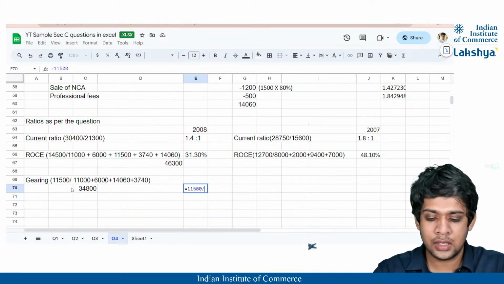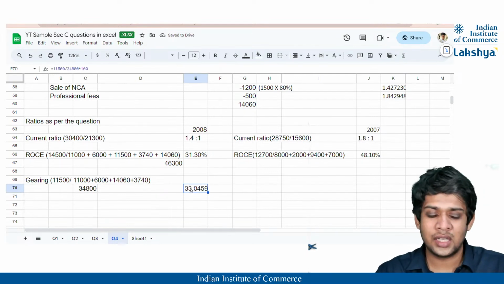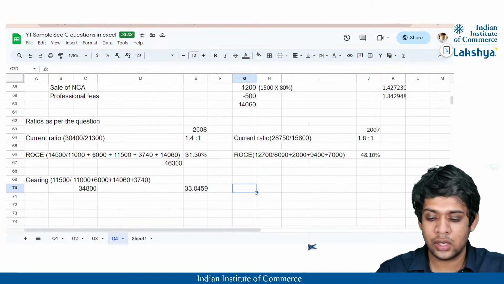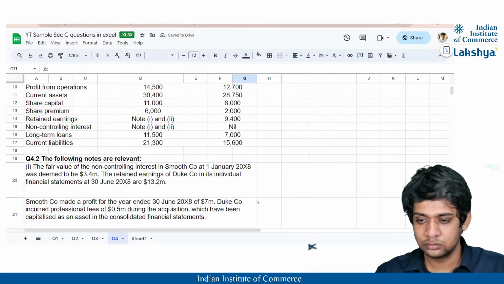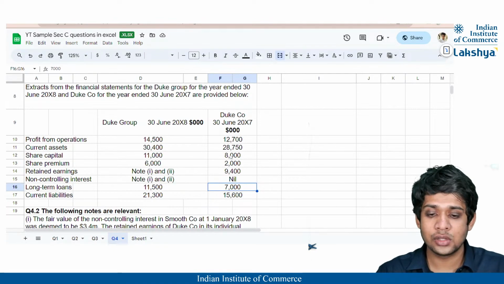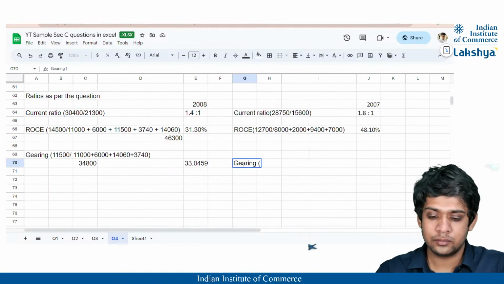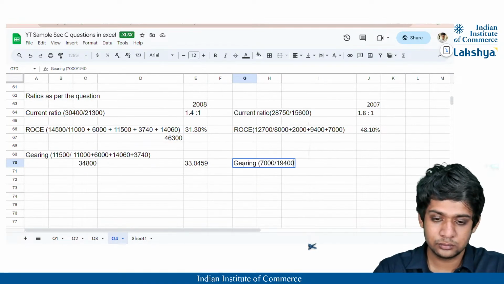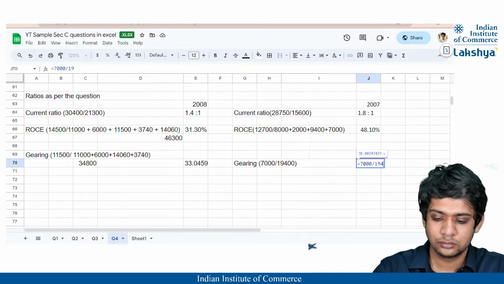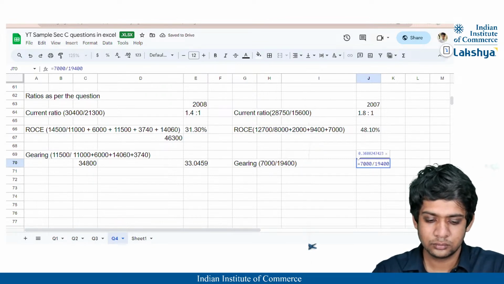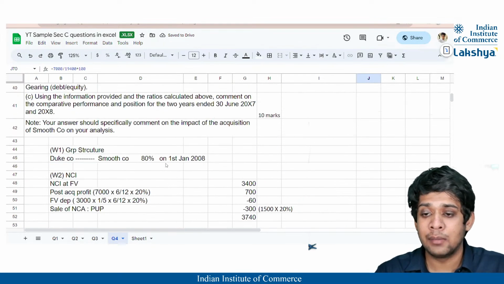So 11,500 divided by 34,800 into 100 तो हमें परसेंटेज में मिल जाएगा 33% अप्रोक्सीमेटली. ओके, एंड इधर क्या होगा गियरिंग? इधर तो काफी स्ट्रेट फॉरवर्ड ही होगा. 7,000 डिवाइड बाय ये तीनों का एडिशन दैट इज 19,400, राइट? इंटू 100 करेंगे तो ये आ गया 36%. तो हमने यहाँ पे कमा लिए 4 मार्क्स.